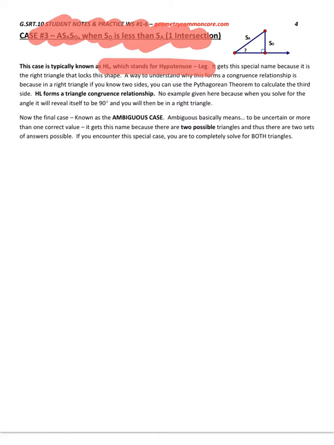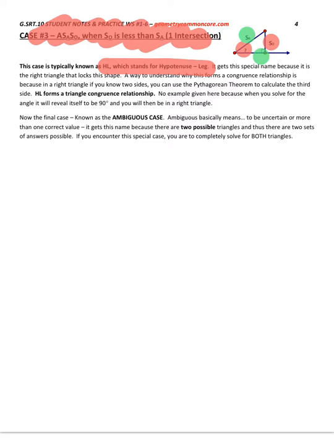You would plug in the question mark angle over its opposite side and set it equal to the known angle over its opposite side. And when you use law of sines and solve for the angle, you'll get that the angle is 90 degrees. And then from there, to be honest, it'll probably be a special right triangle, a 45-45-90 or a 30-60-90.